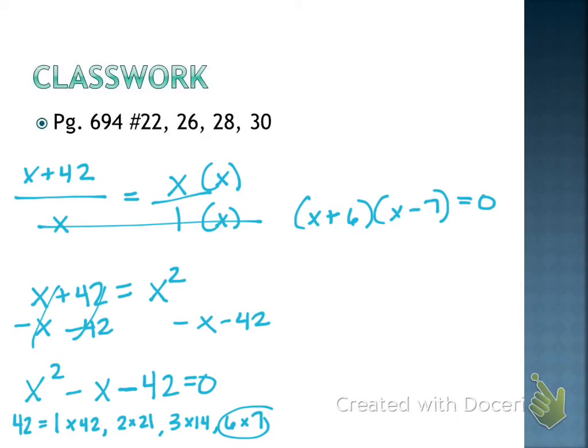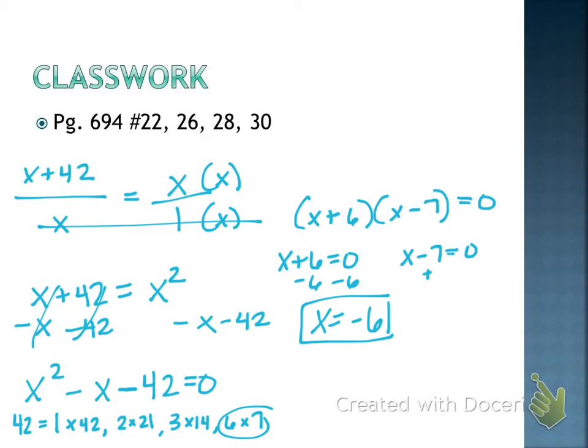Positive 6 and negative 7, because they've got to add to give me negative 1. Now, is this my final answer? Nope. I'm going to do x plus 6 is equal to 0, and x minus 7 is equal to 0. Subtract 6 on both sides. x is equal to negative 6. Add 7 to both sides, and x is equal to 7. Those are my final answers. Okay?